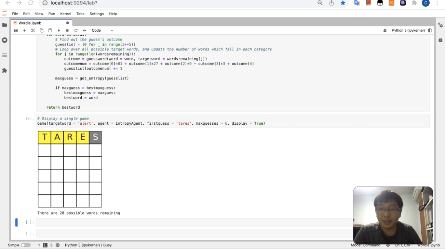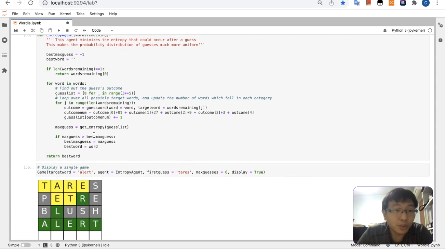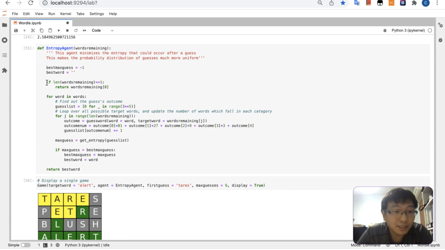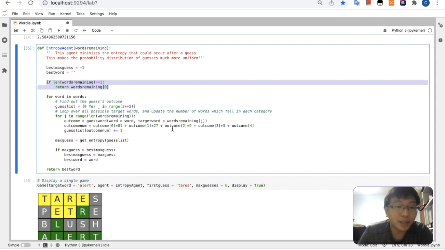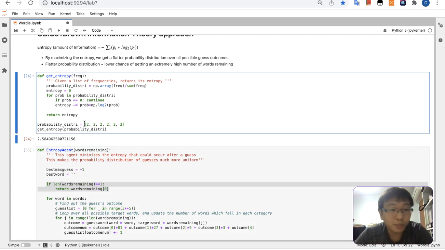So basically, I think what we can do is set this, because there's something wrong with the entropy when there's only one word remaining. So if there's only one word remaining, this probability distribution, maybe you can just investigate over here. If there's only one word remaining, what will be my entropy for this? What will be the entropy?